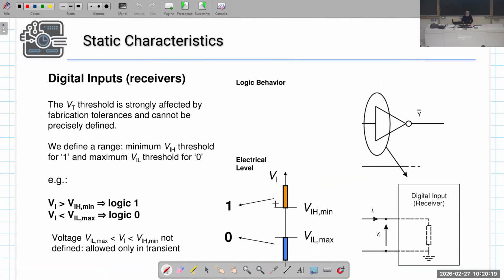what happens is that typically two values are given by the manufacturer of the digital gate.